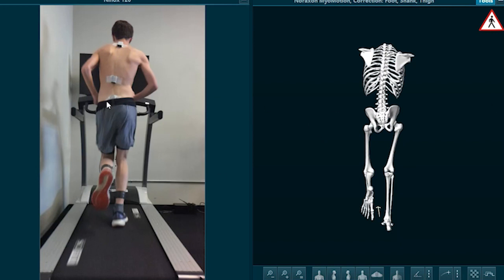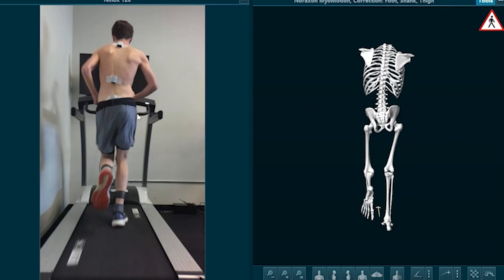So you see that the side bend, the trunk here is off to the right-hand side, and you can see it here in the skeleton avatar that the trunk is shifted right compared to the pelvis. You also see that the pelvis, this structure here, is tilted down and to the left. As you see here, the right side is higher than the left side.